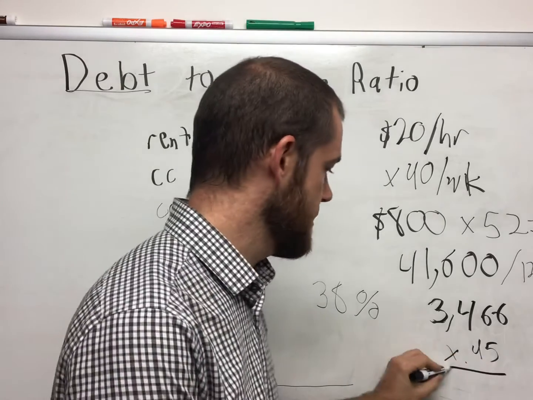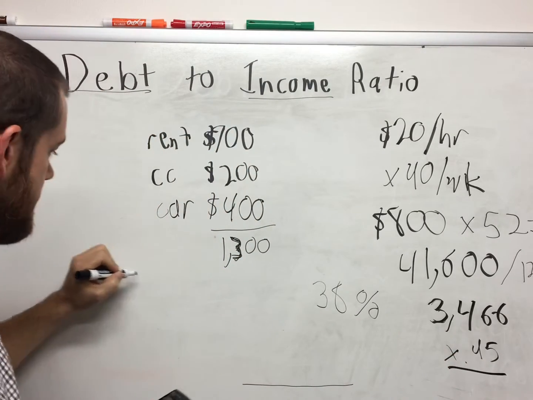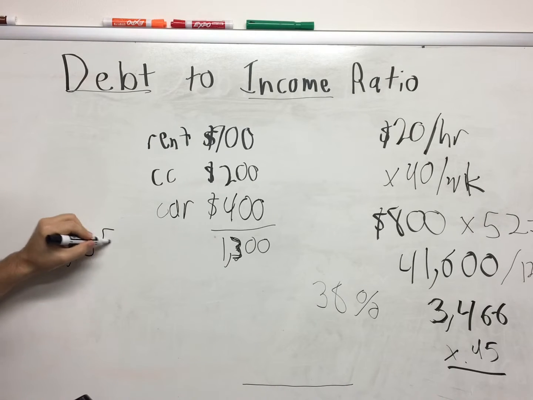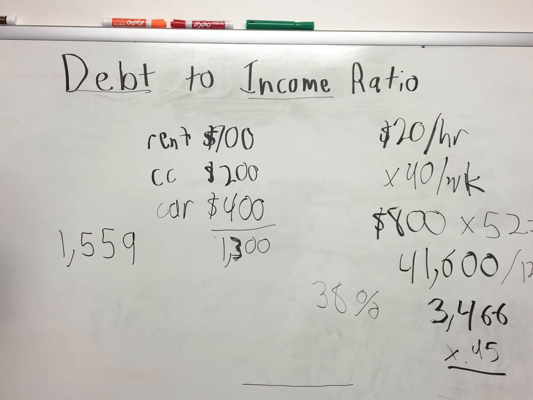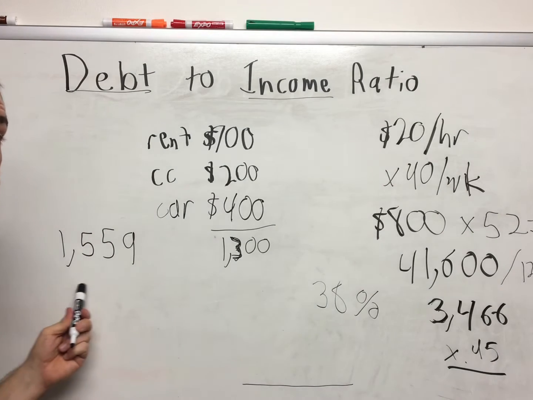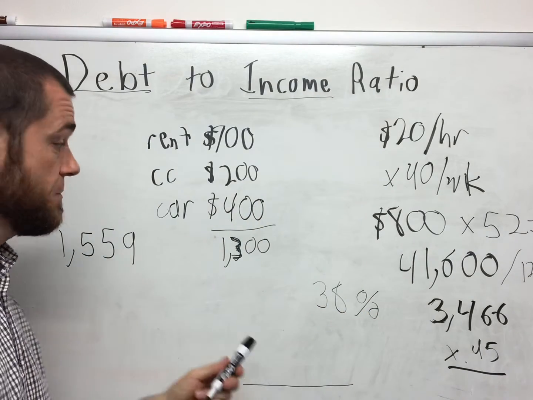And that gets us $1,559 and some change. That is the total monthly debt that Joe can carry on his monthly income at 45%.